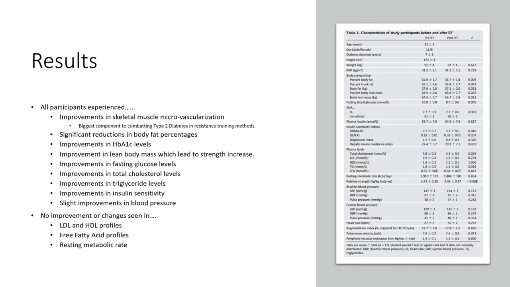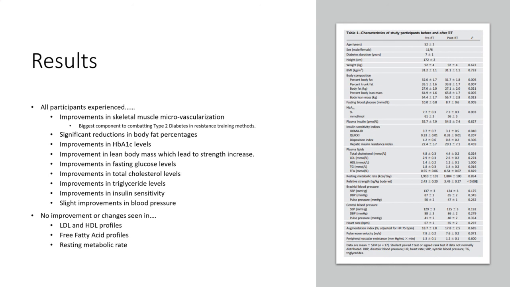So after 6 weeks of training, the results were as expected. The biggest component to those with type 2 diabetes is the improvement in skeletal muscle microvascularization. You also see a significant improvement in body fat percentages, which is to be expected because all these participants were sedentary.